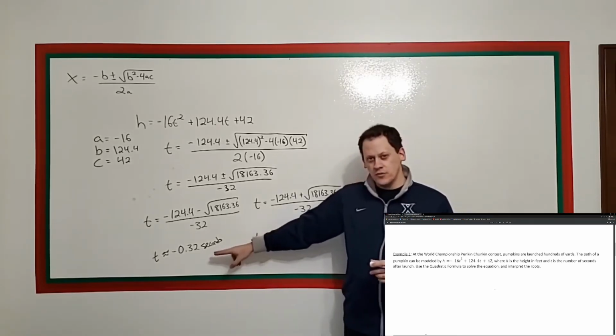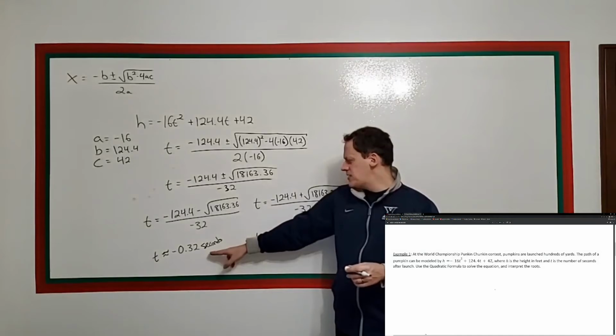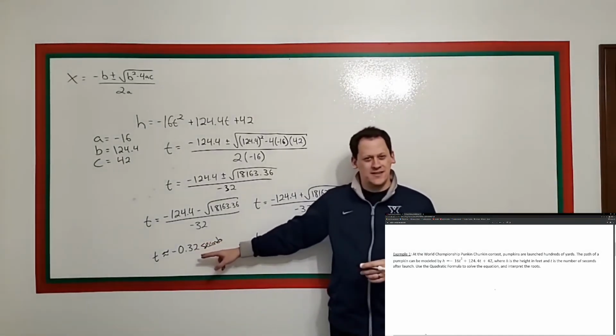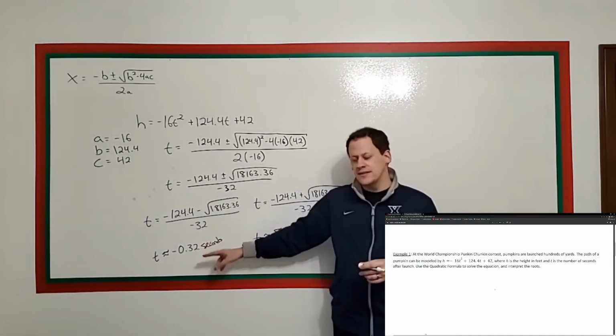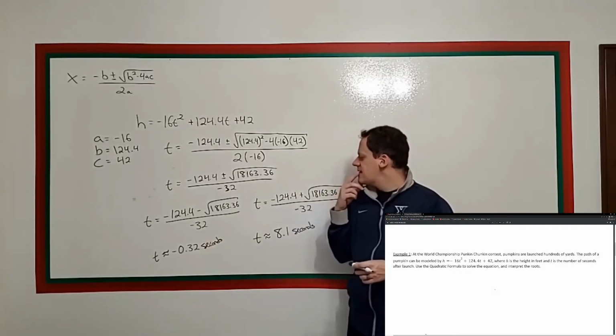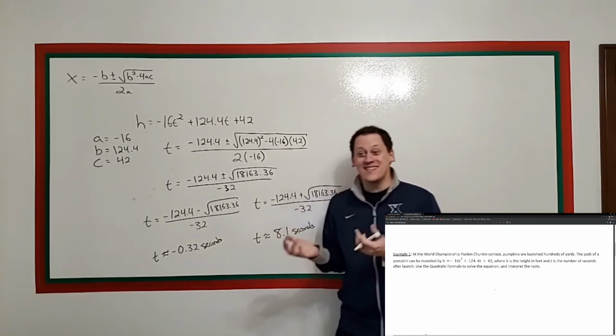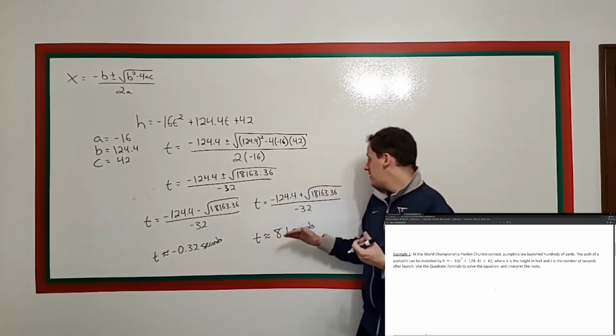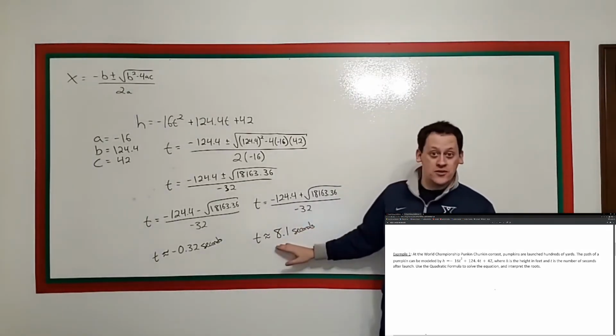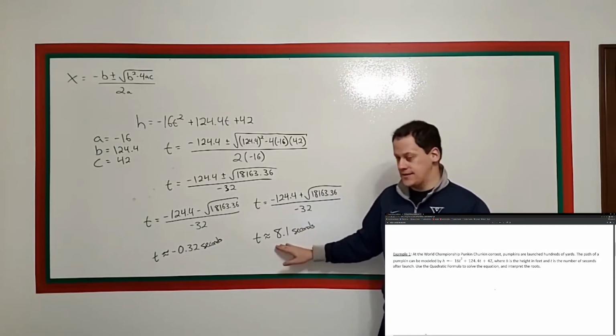So this root would suggest 0.32 seconds before the launch. It was at a height of 0. That's not really what we're interested in. We want to know how many seconds after launch. So this is the only solution or root that makes sense in this context.